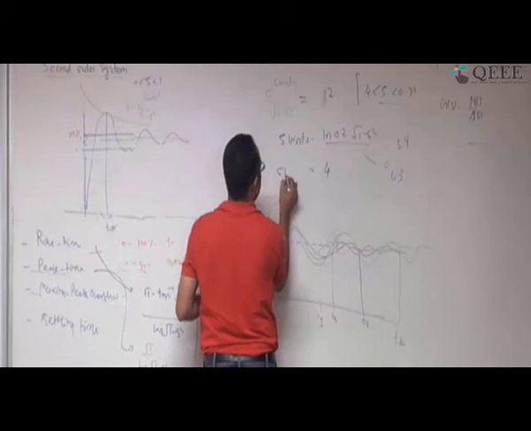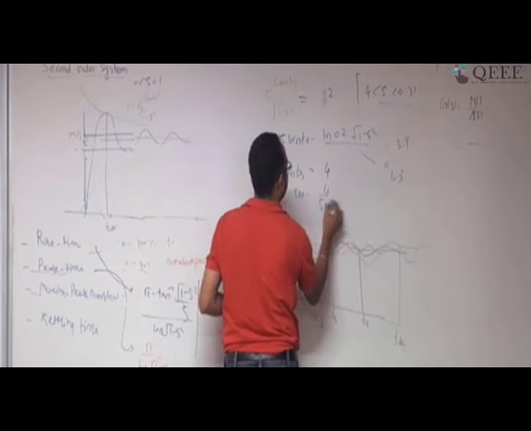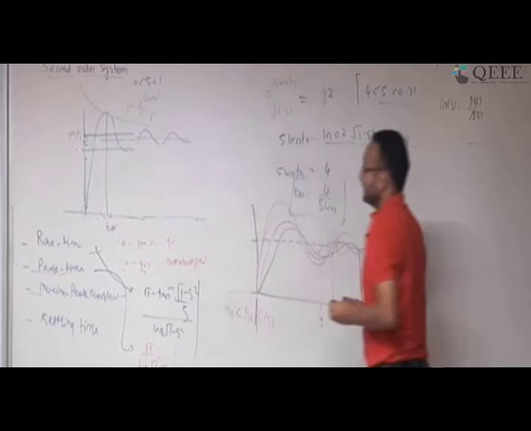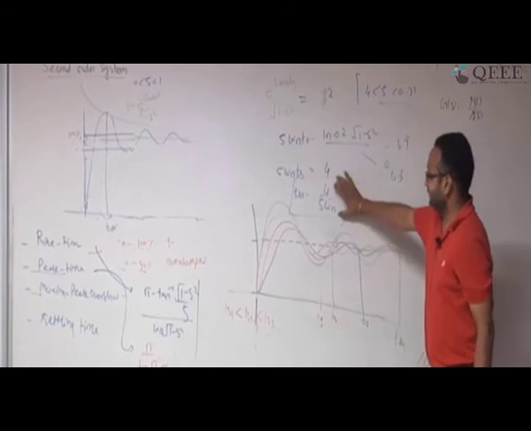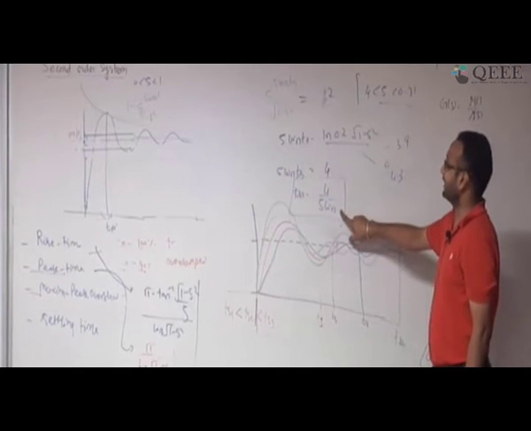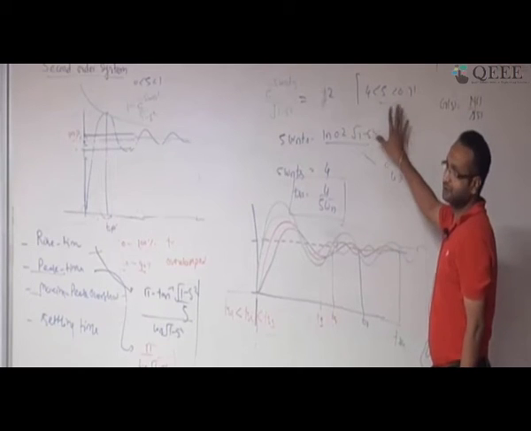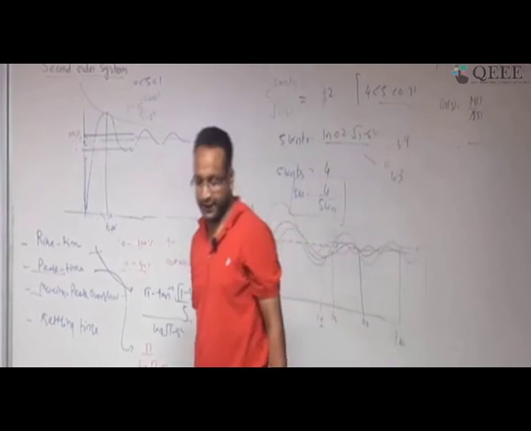So now zeta omega n Ts is 4, so your settling time is 4 by zeta omega n. This is the quantity we use when we want to say what the settling time is. Are all of you clear how this settling time, 4 by zeta omega n, has come, because of the assumption that I am using a damping factor zeta between 0.4 to 0.7?